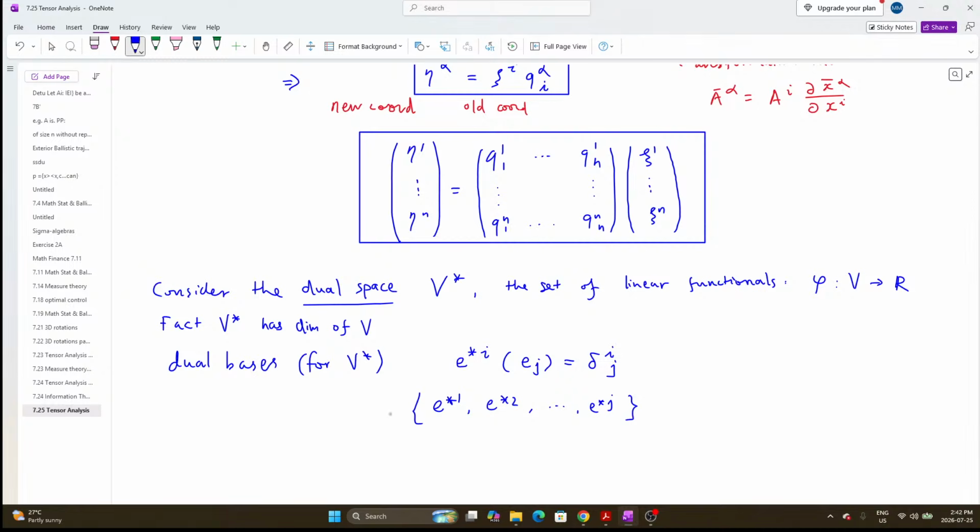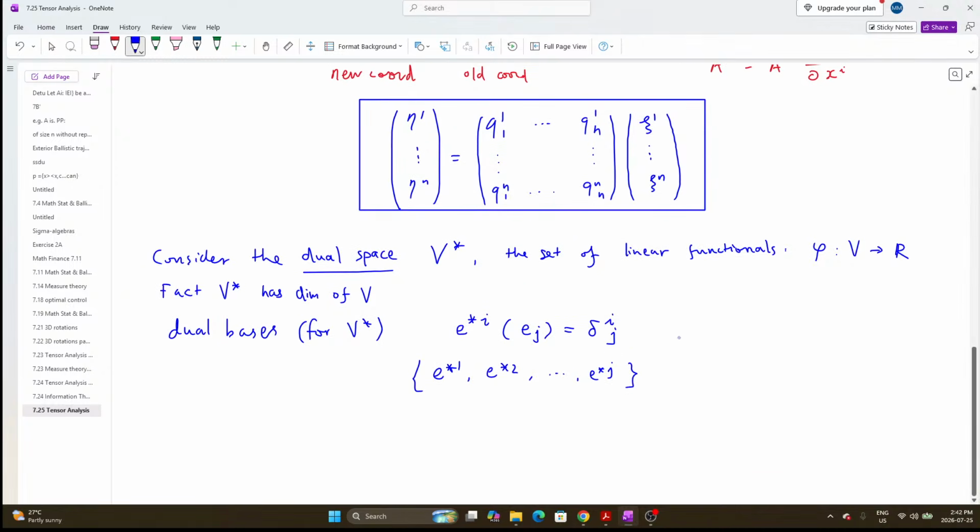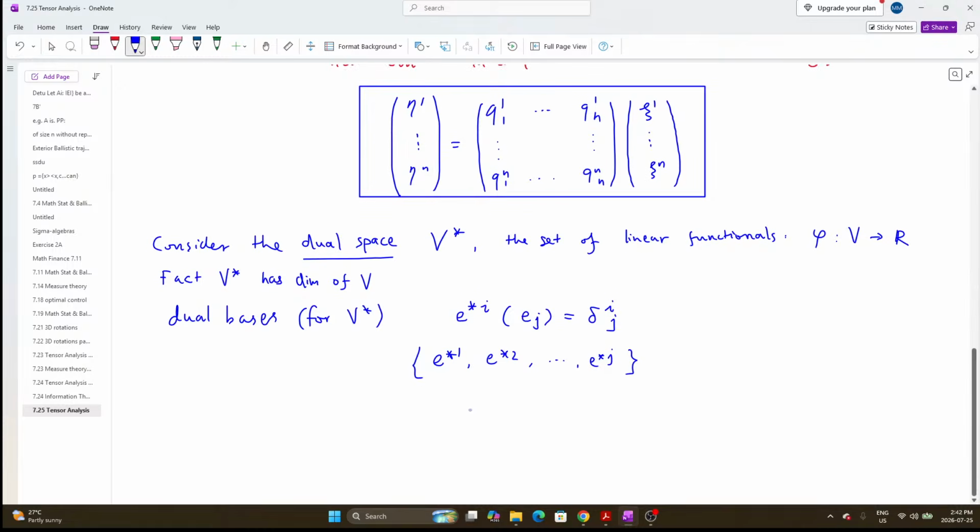So here you have the dual basis. The second dual basis, f star i of f_j, works the same way. It's the same definition. Dual basis elements are elements of V star. Elements of V star eat vectors and spit out real numbers.